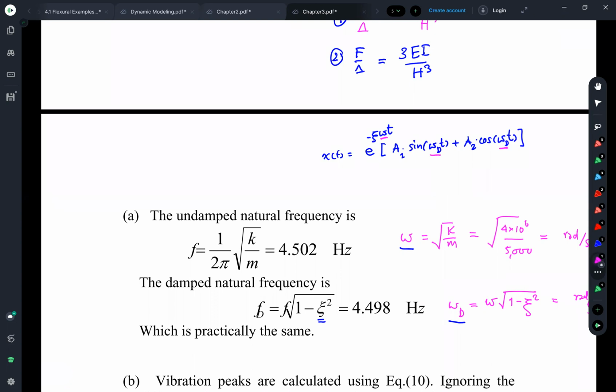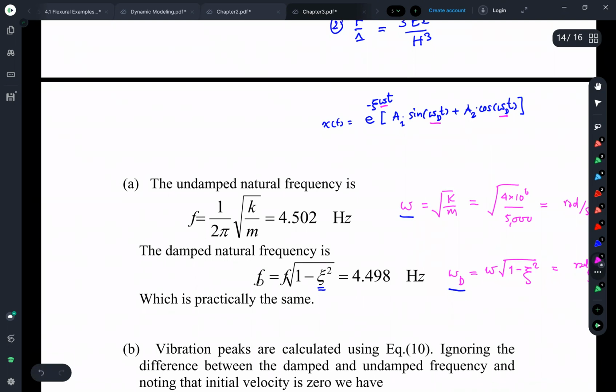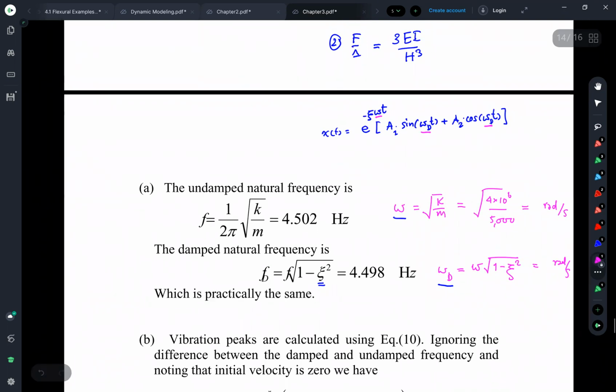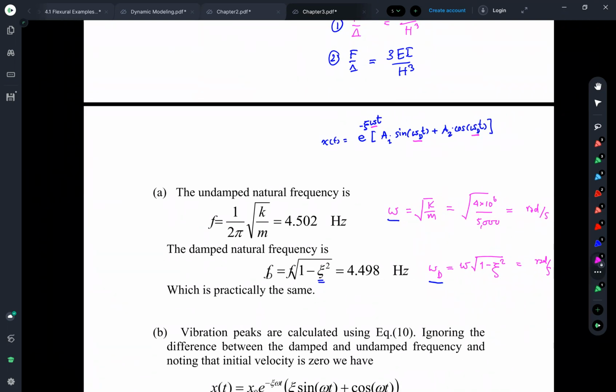The difference is about the damping, as you see in the pink letter, right? Omega and omega d. The difference is this term. This term makes the effect of the damping taken into account: square root of 1 minus psi squared. Normally, these two omegas are very, very close, almost the same.